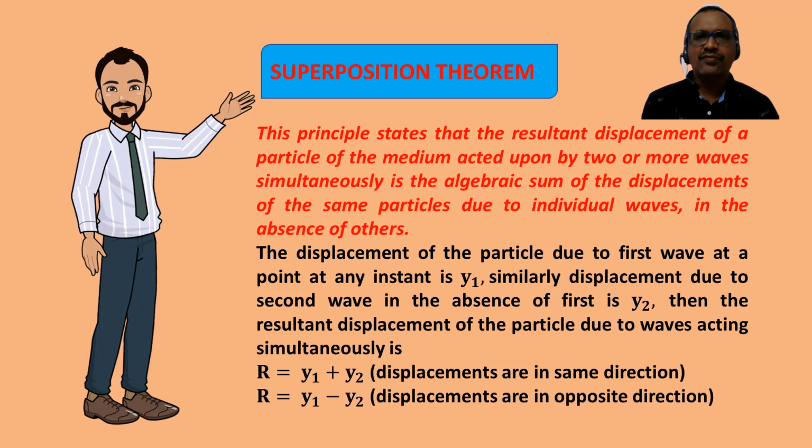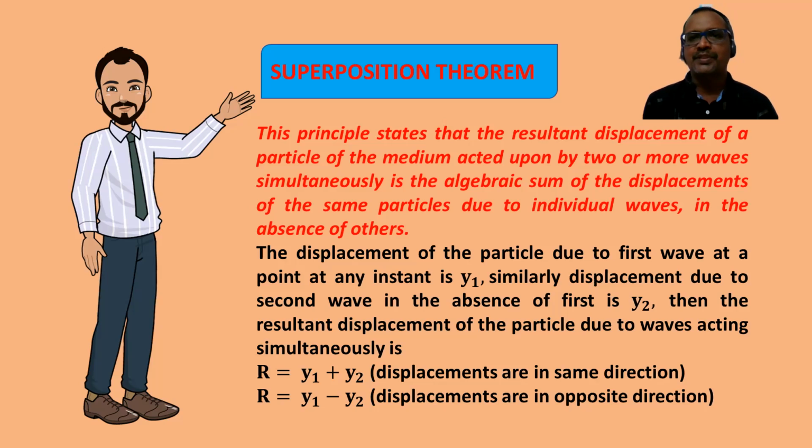So when only one wave is propagating through the medium, the displacement of a particular particle at a particular instant of time is y1. y1 is the displacement produced in the particle due to the first wave in the absence of others at a particular instant of time at a particular place. Now consider the second wave is propagating through the same medium.